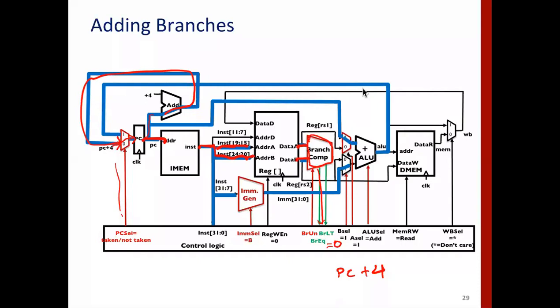If the branch is to be taken, then we get the PC value here, and the offset comes from here. Add this, and this now changes the value of PC, so you select the upper one in that case. That's all. It's simple. Note that in this we are not using data memory, and we are also not writing onto the register file.